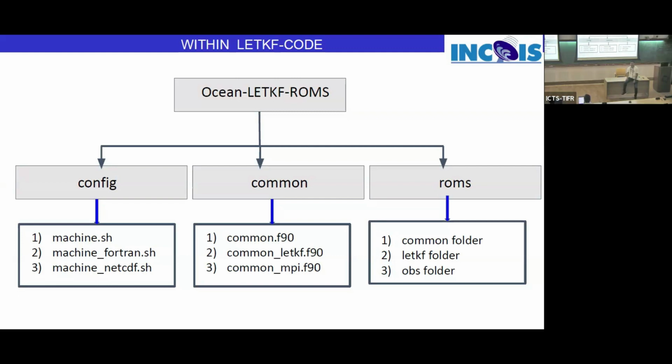You will see that there is one doc file, LETKF doc. It explains the entire architecture of the code, what each module does, what is the purpose, and in brief how it does it. All the important modules that are there.